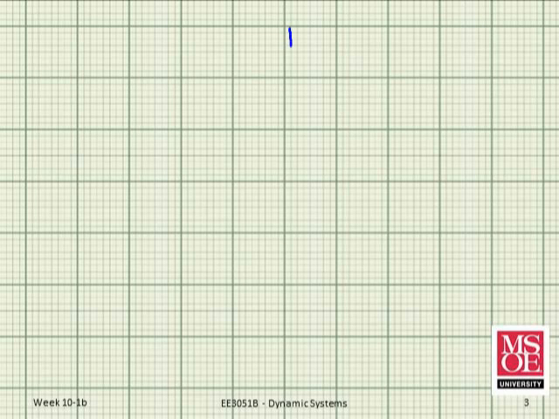If we do that, we see that the peak value occurs at pi divided by omega d, which is also equal to pi divided by omega n times the square root of 1 minus the damping ratio squared.